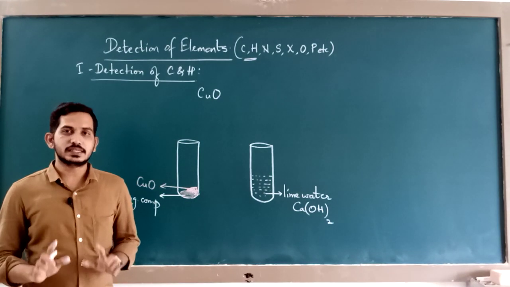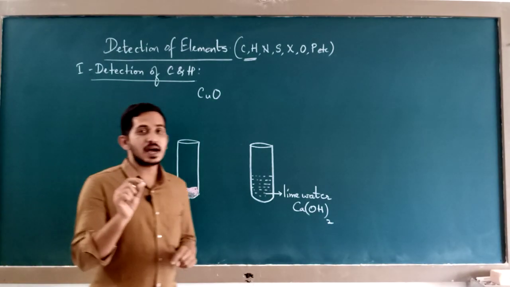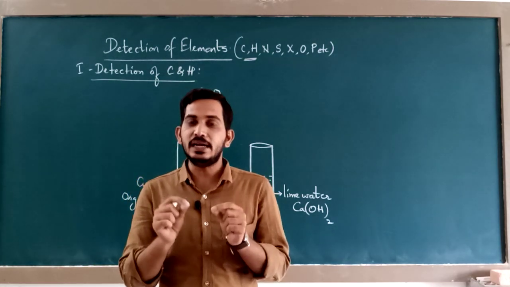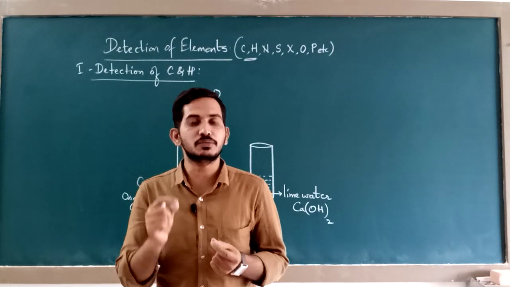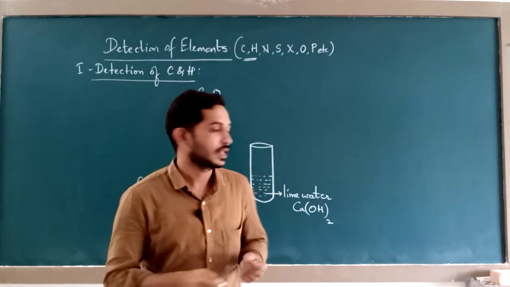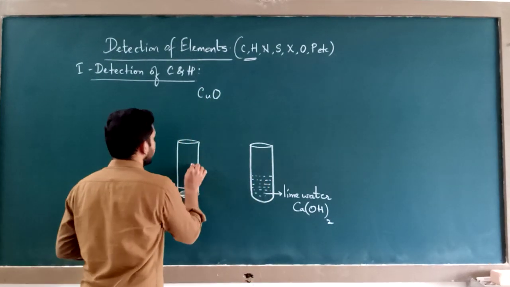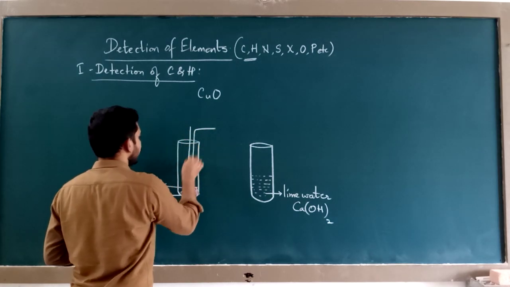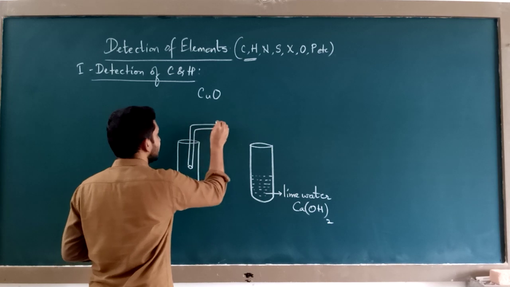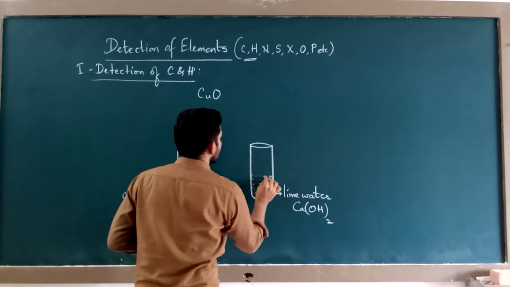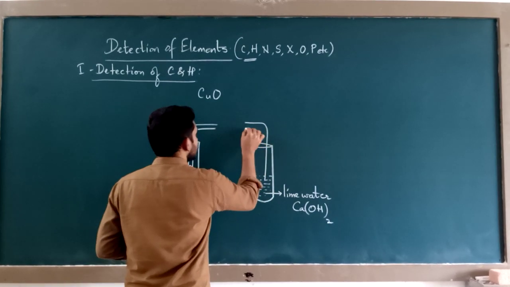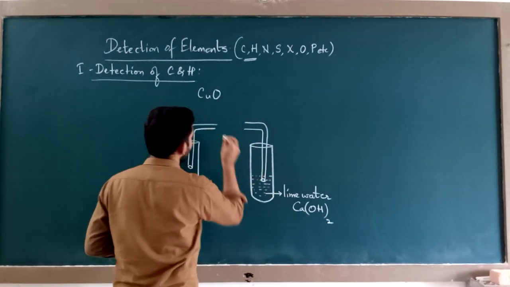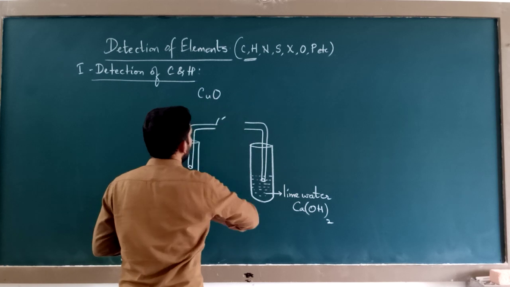Once this is done, you need to take a bent glass tube. How should it be bent? It should be bent in a U-shape. So you need to have a U-shaped glass tube which should have these specified conditions. One, it should have a bulb.